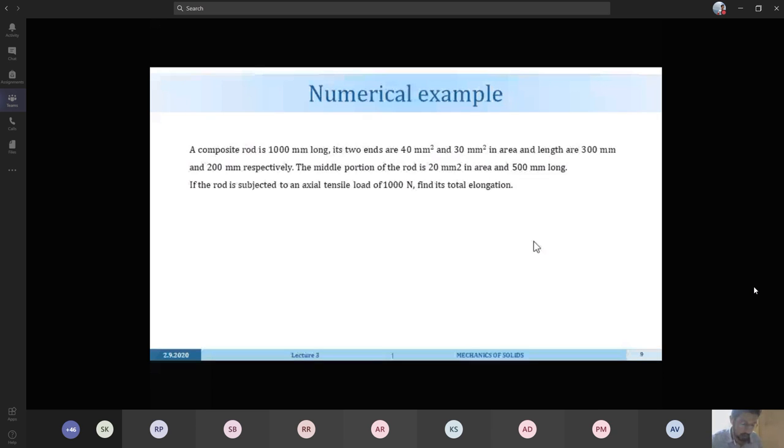So can someone solve this problem? We are having 3 bars, and the central one is the longest one.